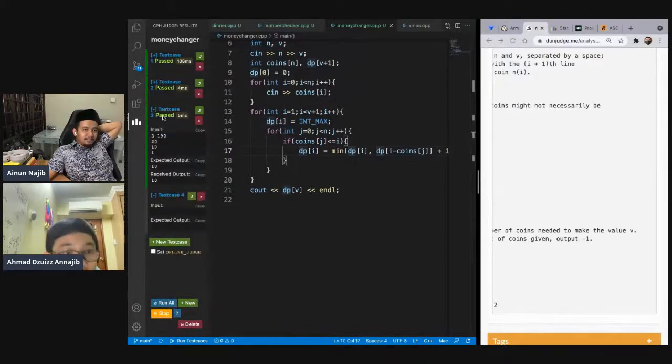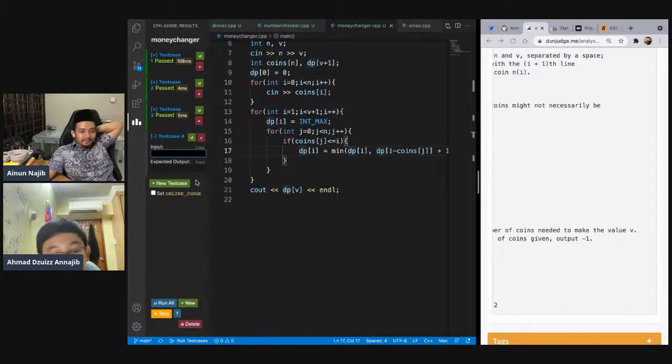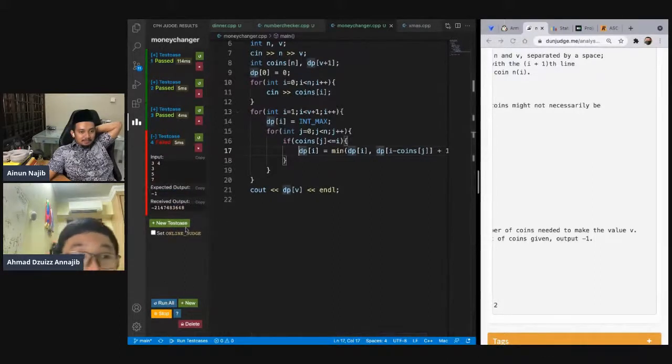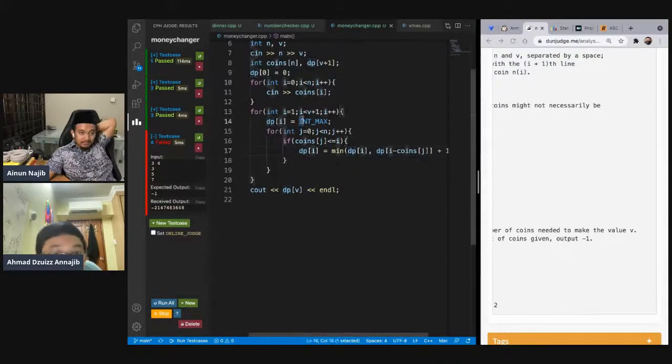What's the test case? Just try a test case. V is 4, and the numbers are 3, 5, and 7. Output 0? Minus one. INT_MAX.